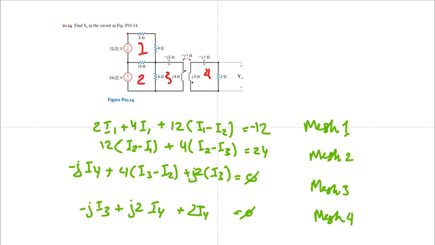So first thing, we have I1, so just put I1 here. It's going through the 2 ohm resistor, and it's going in this direction. So the voltage across the 2 ohm resistor is going to be I1 times the resistance, which is 2, plus across the 4 ohm resistor it's the same thing, 4 times I2.